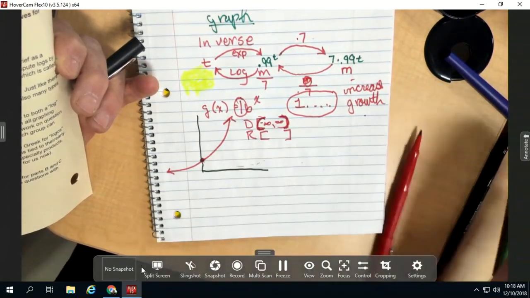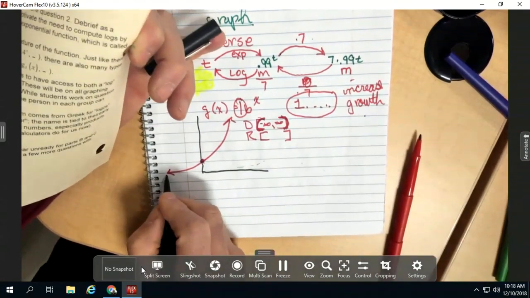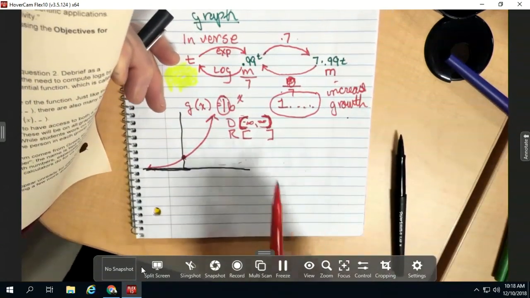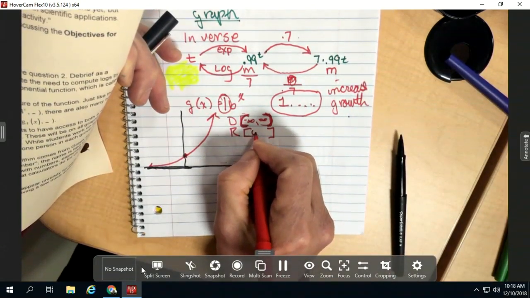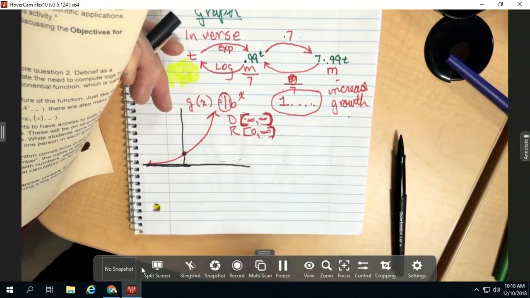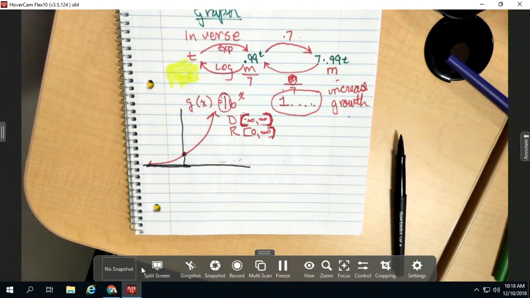What happens to the range, the y values? Would you agree we start at 0? And we can go all the way up to infinity? Would you agree you can't have less than 0? Can you have less than 0 of a radioactive isotope? I have -5 uranium in me right now because I'm so old. No, I can't have less than 0, right?